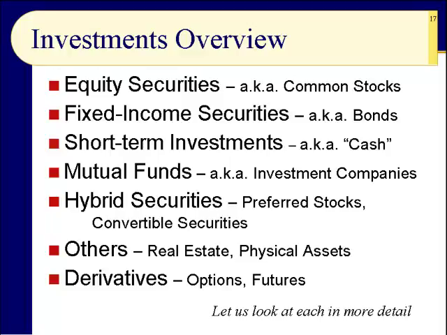Fixed income securities, bonds, also called debt securities, debt instruments. Short-term investments, also known as cash. Right, you need your money soon, you need it in cash. Mutual funds, also known as investment companies. Great name, investment companies. And then hybrid securities, preferred stocks, convertible stocks.